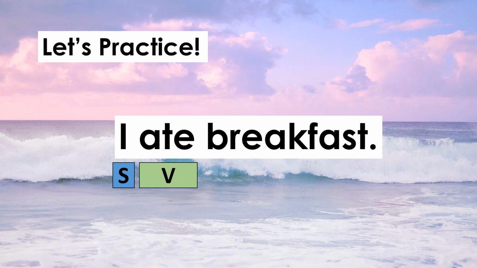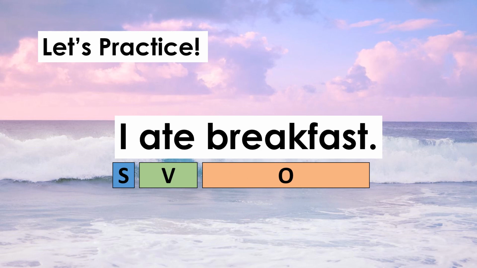Yes, it's breakfast. I is the subject, ate is the verb, and breakfast is the direct object or the receiver of the action. So what pattern do we have here? Very good. SVO pattern.